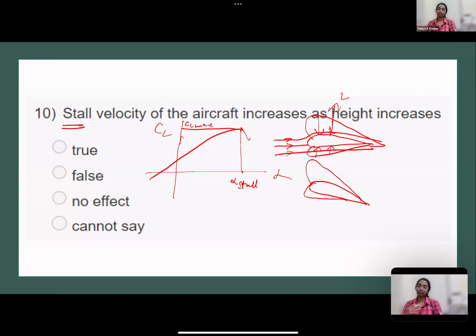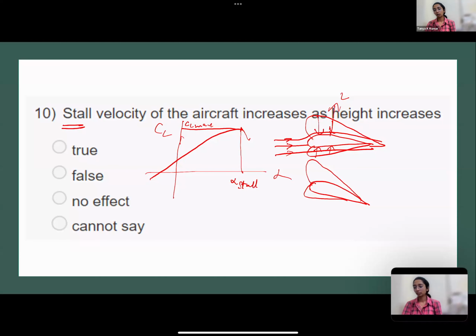What will happen if I increase it beyond this? Just try to think. Why is this pressure generated? Because the air is flowing over the upper surface and lower surface. So it produces this pressure difference. Correct? That much is clear?